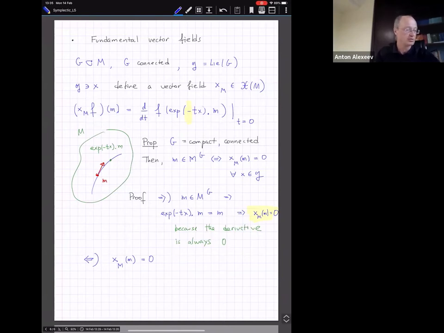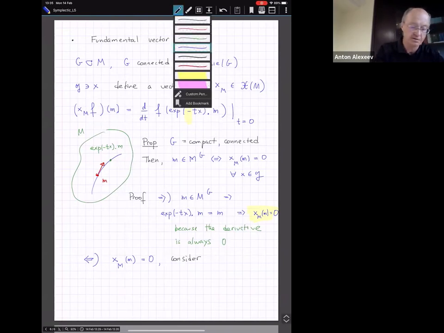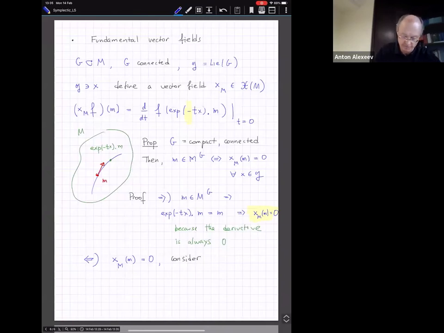So let's consider m of t equal to exponential of minus tx acting on m. Let's consider the trajectory of our point under this one-parameter subgroup.